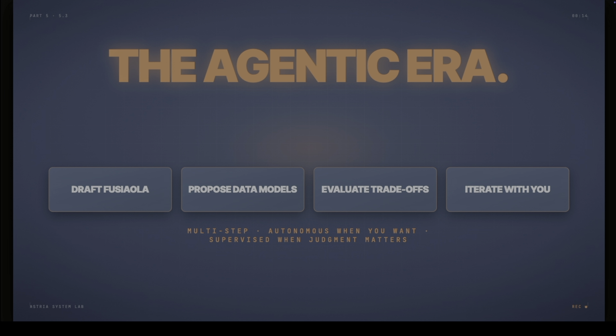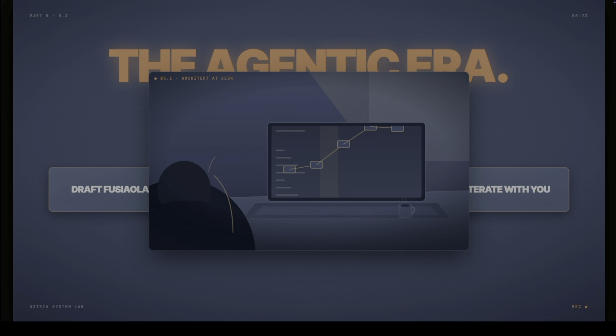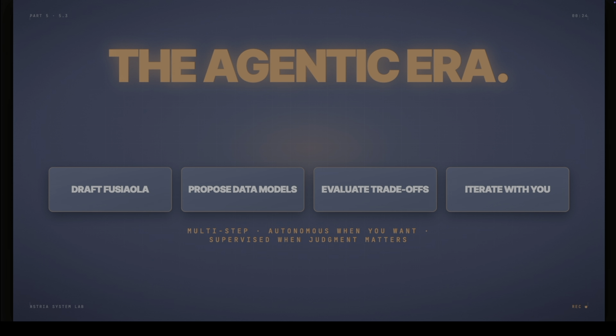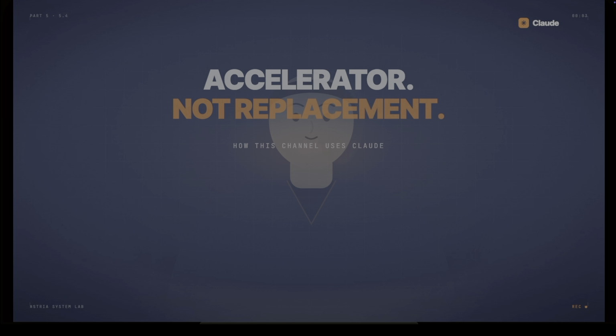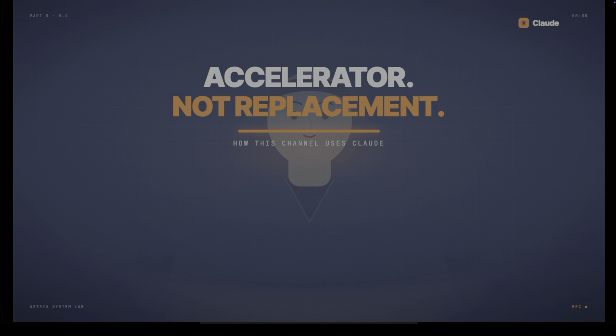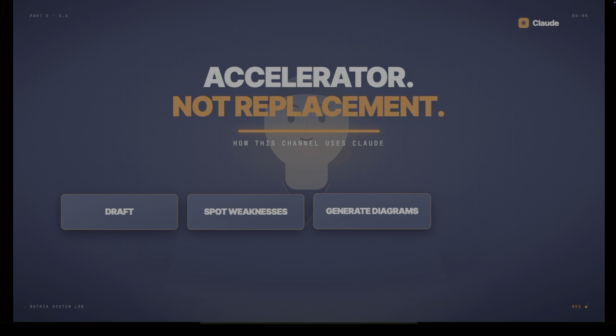AI that can take a business requirement, draft a FUSIAOLA analysis, propose an initial data model, evaluate it against the well-architected framework. I use Claude as part of my architecture workflow, not as a replacement for thinking, but as an accelerator for everything that comes after the thinking: drafting artifacts, spotting weaknesses in a design, generating diagrams.